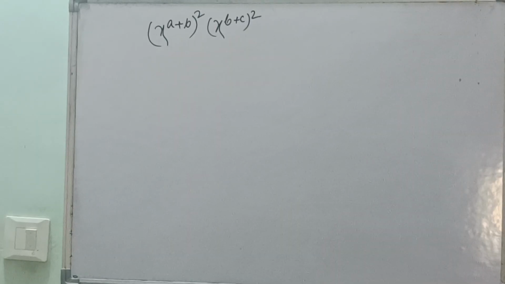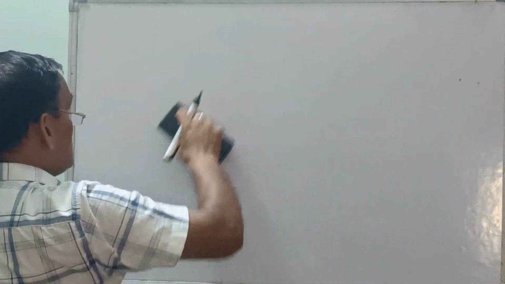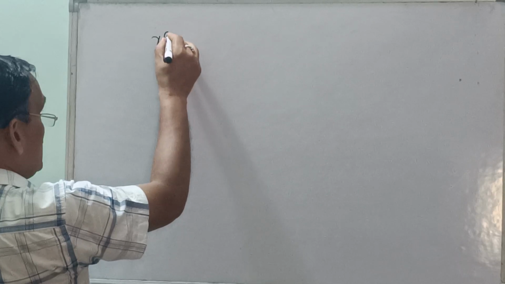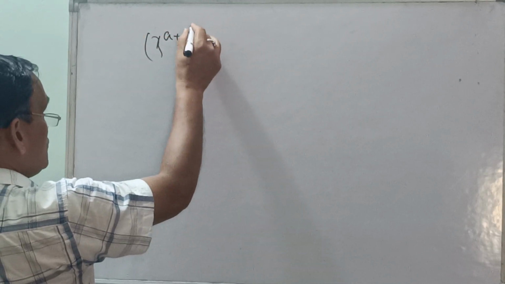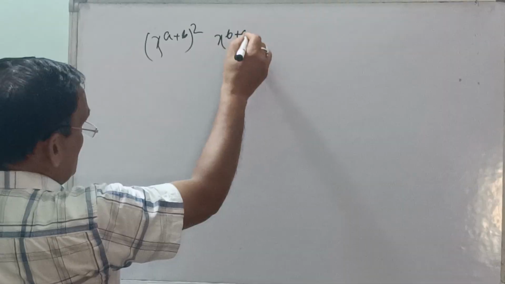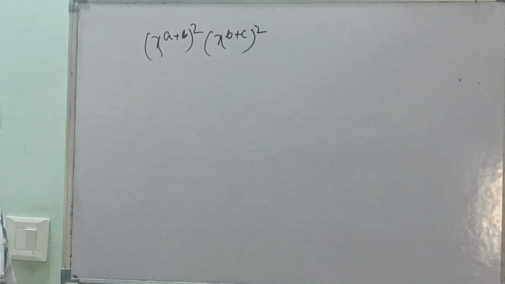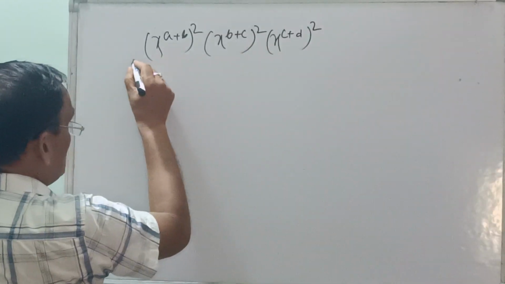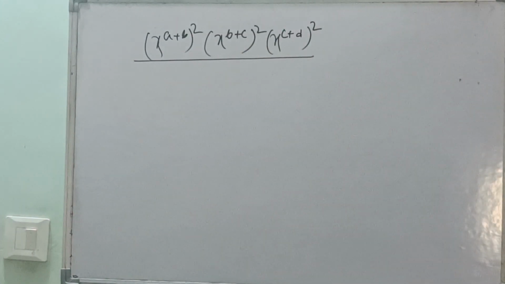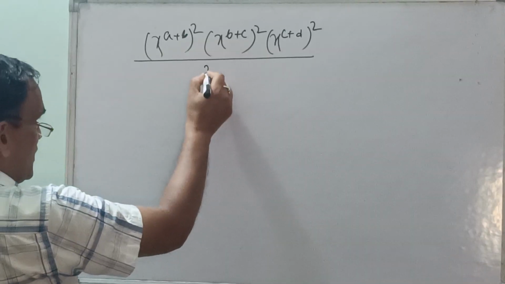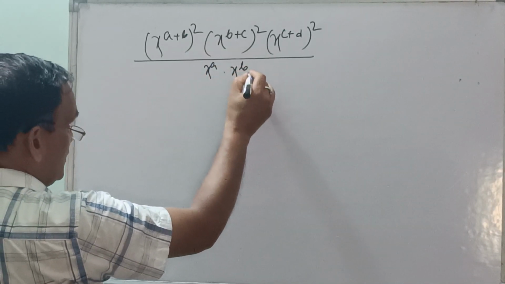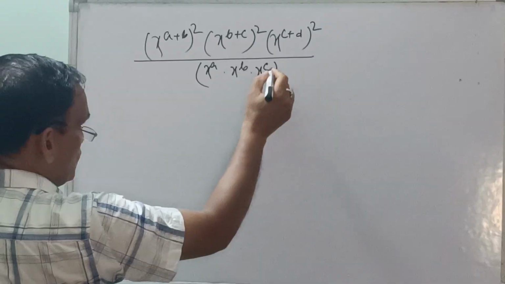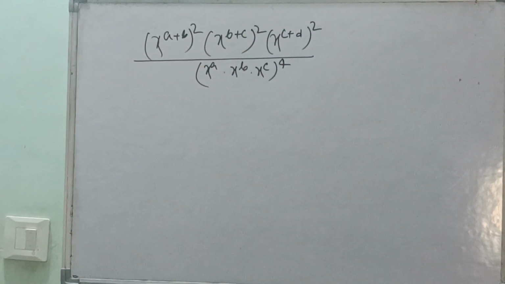Another, x to the power c plus d and power 2. Below it is written x to the power a, x to the power b and x to the power c, or this whole has got power 4. Now you have to simplify this.